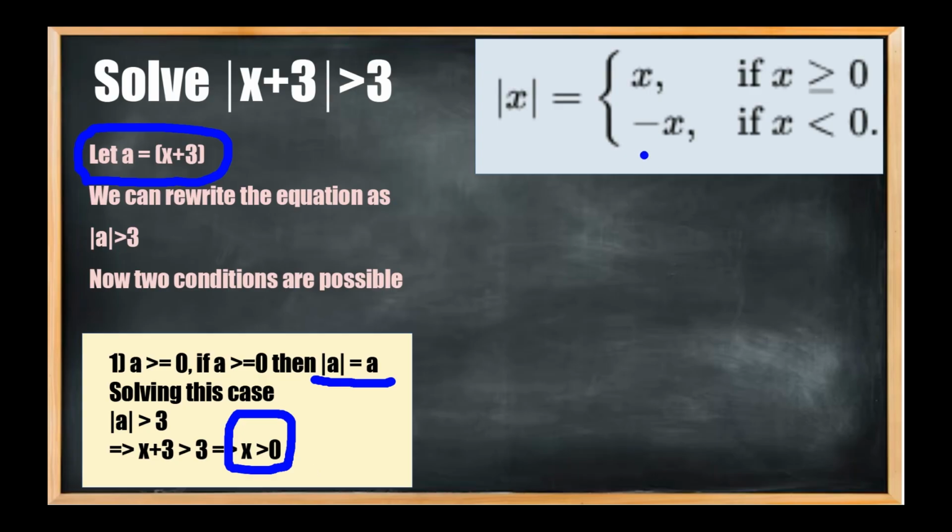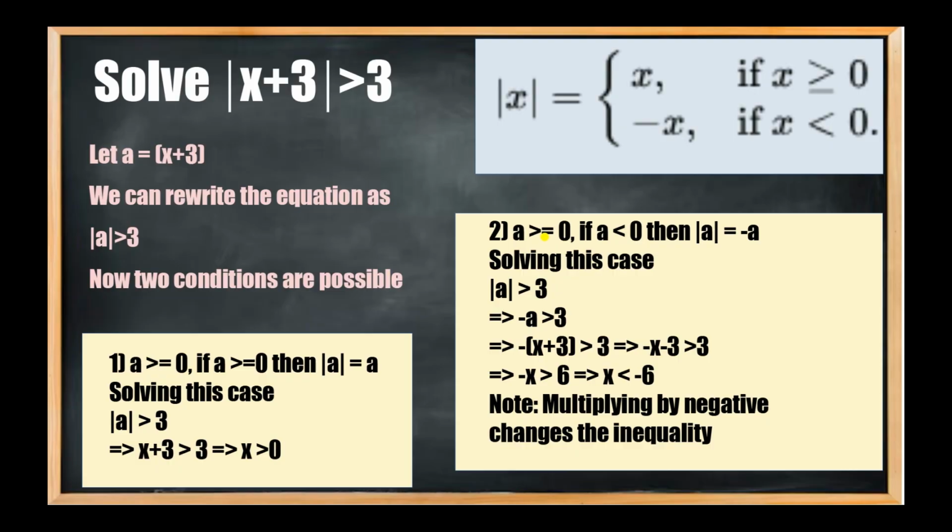Now let's go to the second case where a is negative. There's a typo here, let me correct the typo first. It is less than 0. So a is less than 0. If a is less than 0, then the absolute value of a will be equal to minus a.